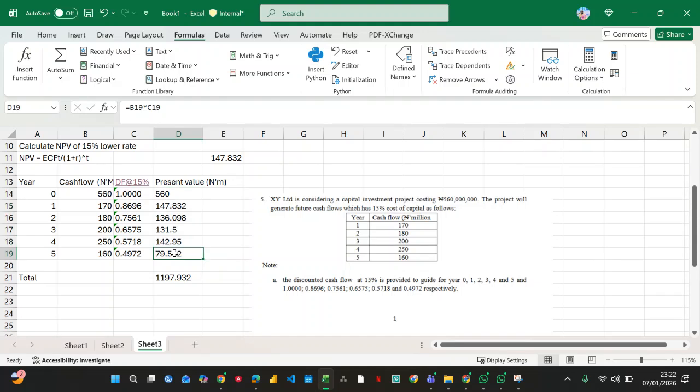Then what do I have? This is 7750. Let's do it for this one.